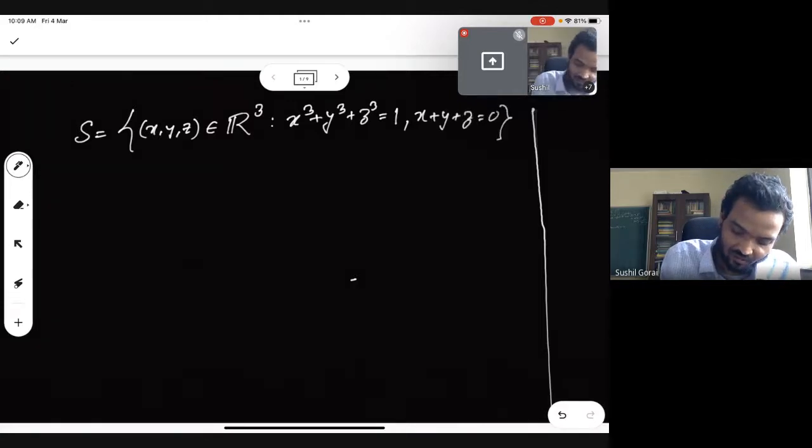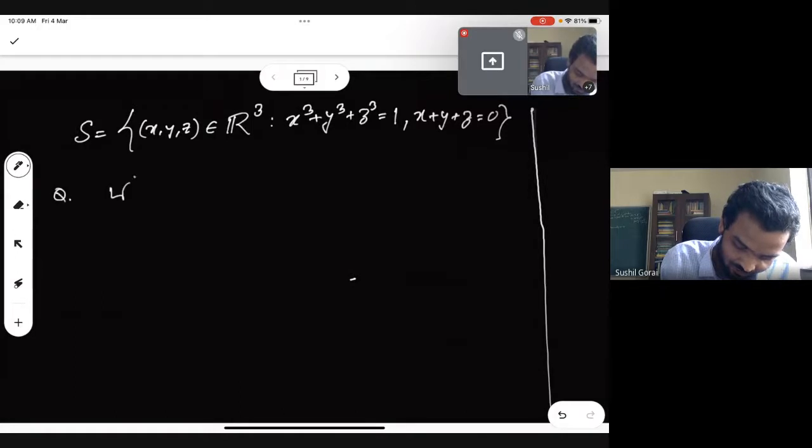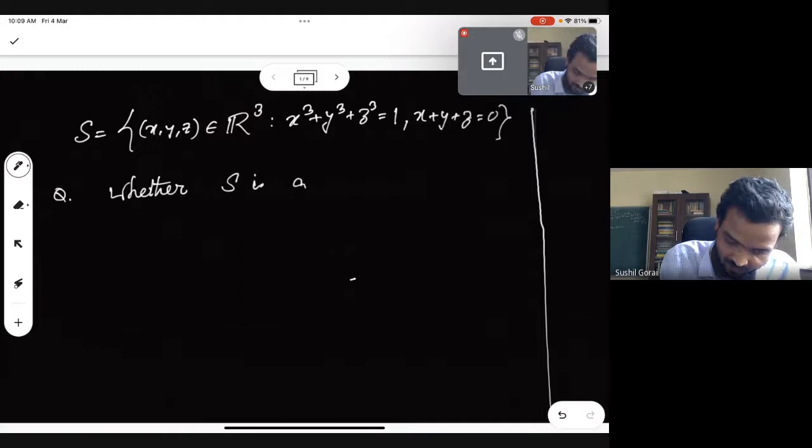The question was whether S is a smooth manifold.